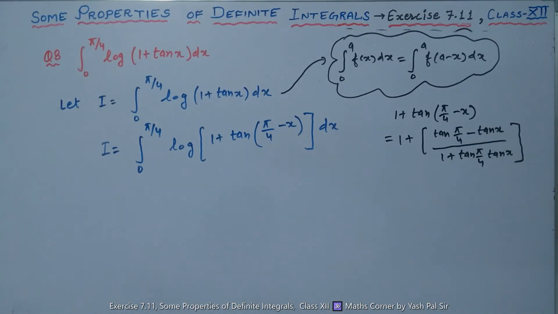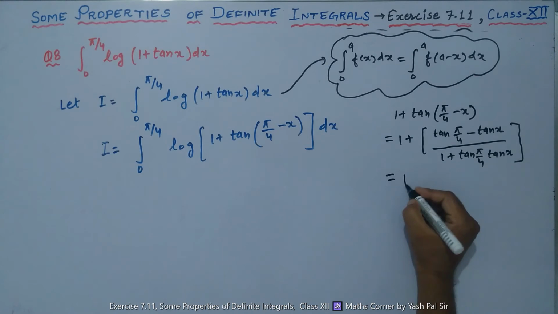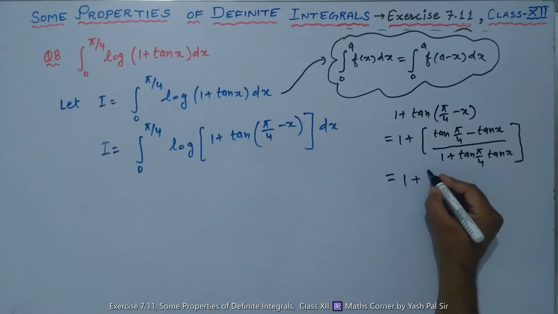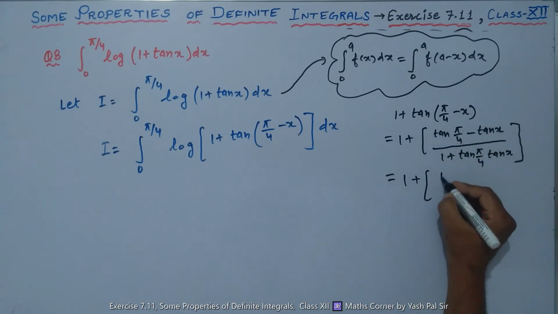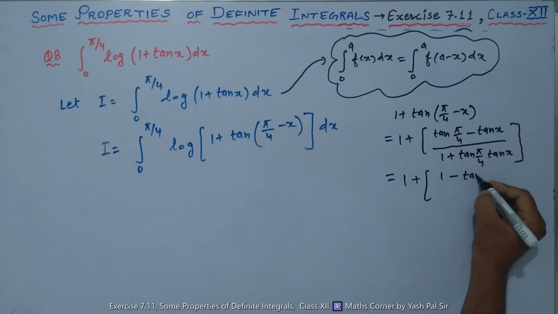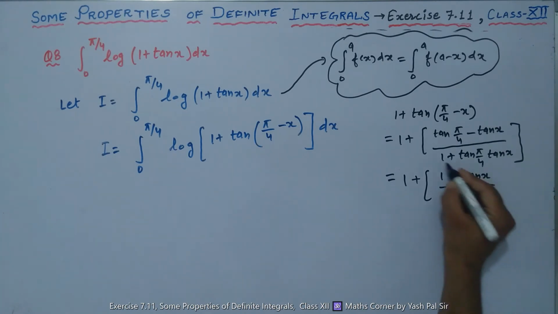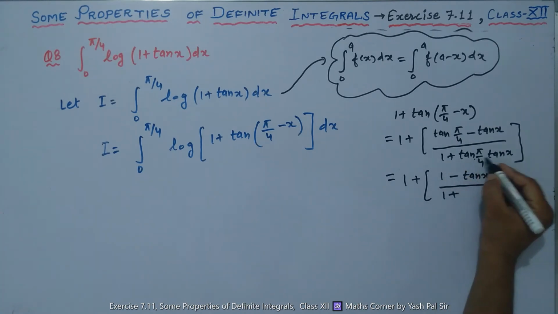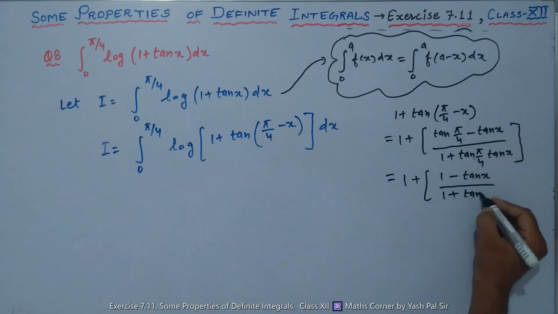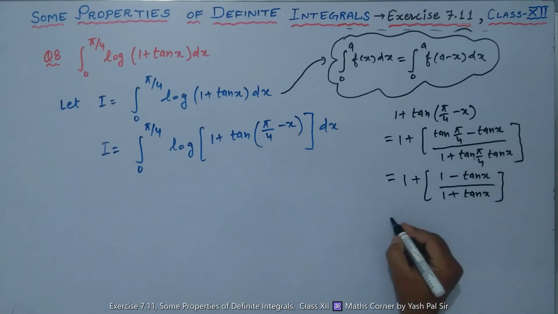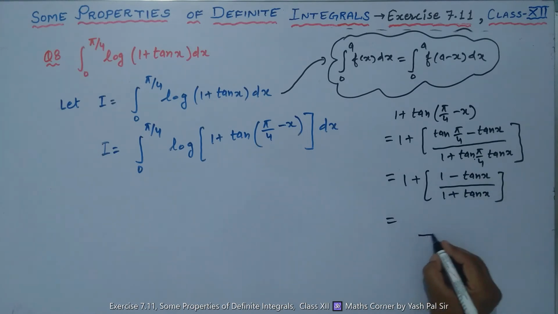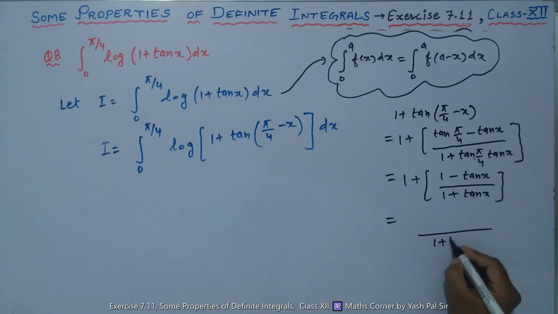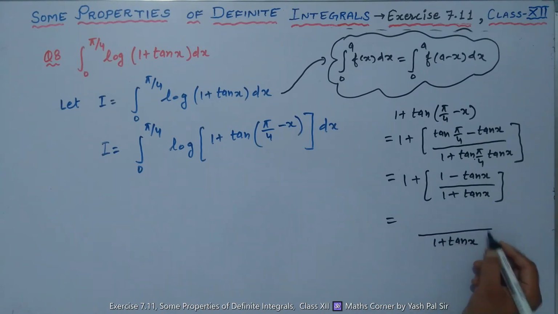So this is equal to 1 plus, tangent pi by 4 means 1, so 1 minus tangent of x divided by 1 plus 1 into tangent x. So taking the LCM, 1 plus tangent of x is the LCM.